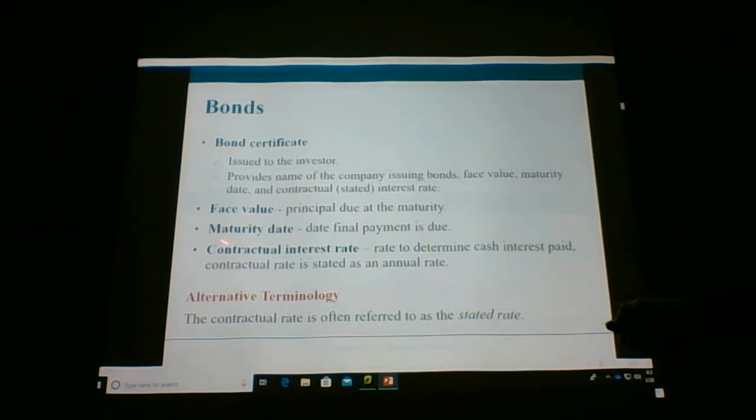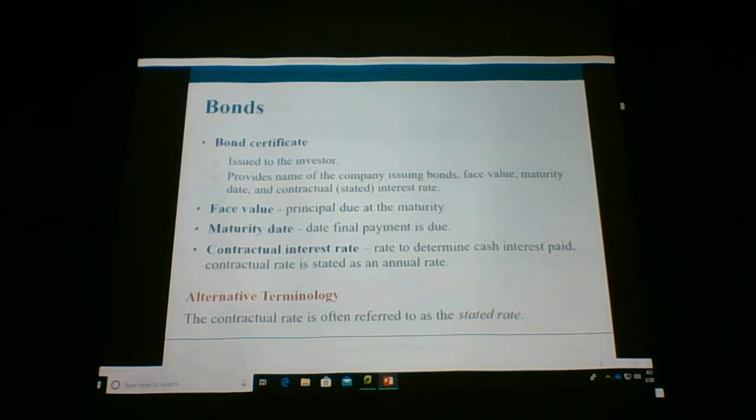The maturity date refers simply to when the face value of the bond is paid. And the stated interest rate or the contractual interest rate is going to usually be stated on the bond, and that's going to determine the amount of interest that is paid.